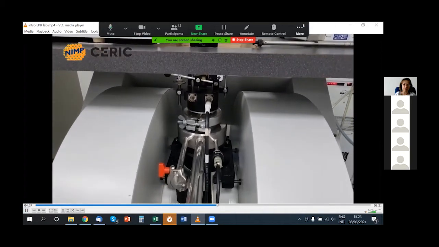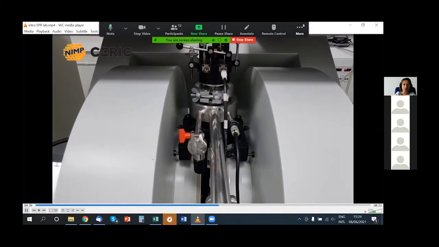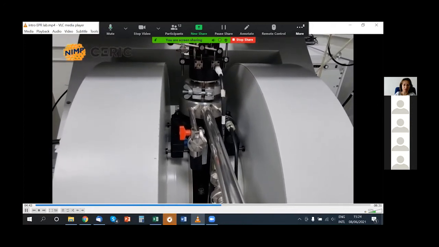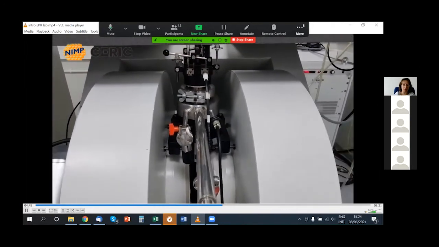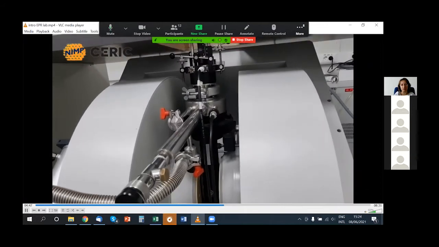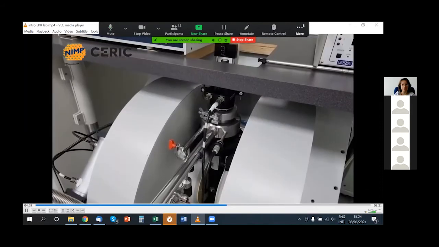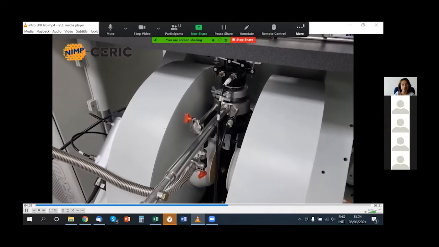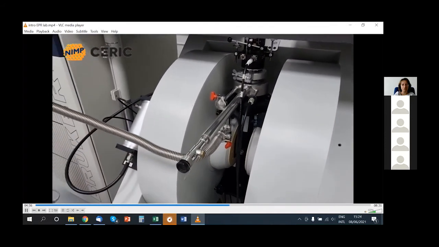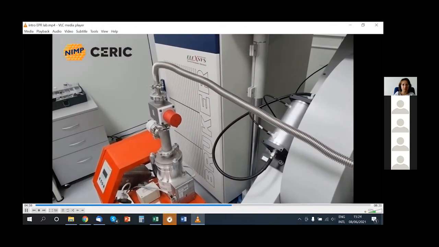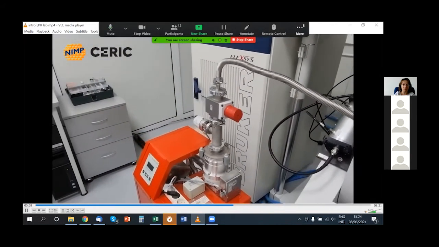And here there is a quite big cryostat with an optical window for illumination, for in situ illumination experiments. So the pumping unit for the cryostat.